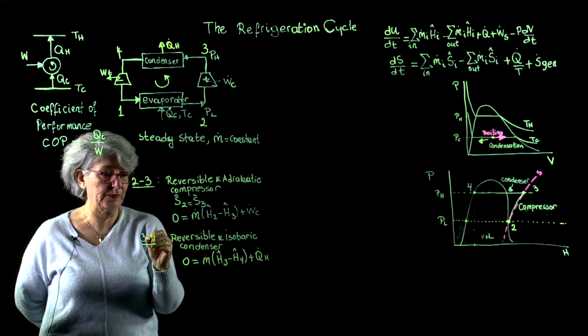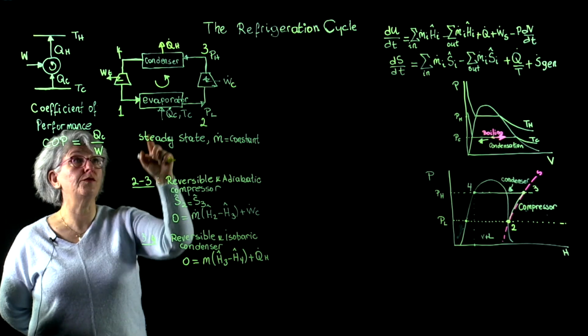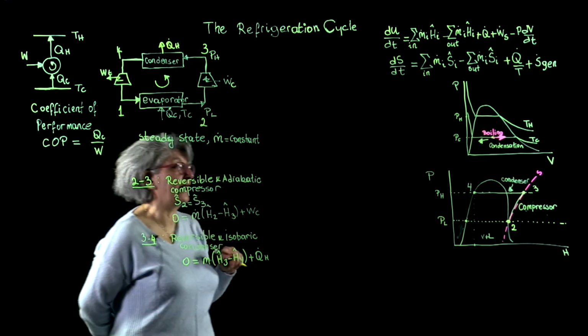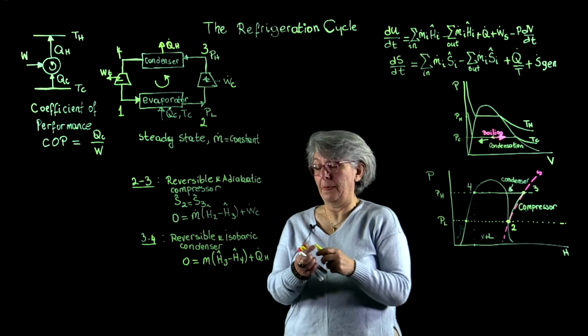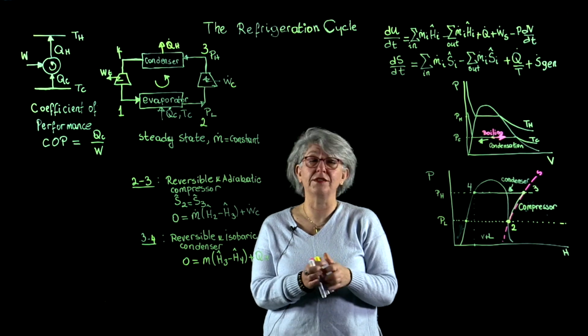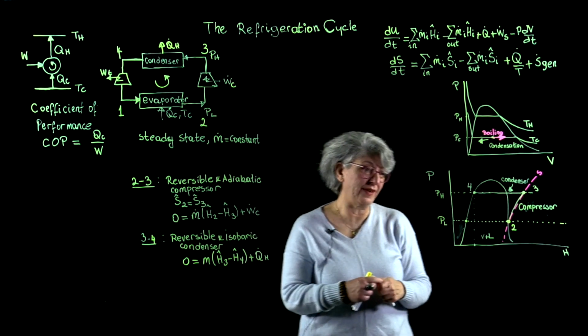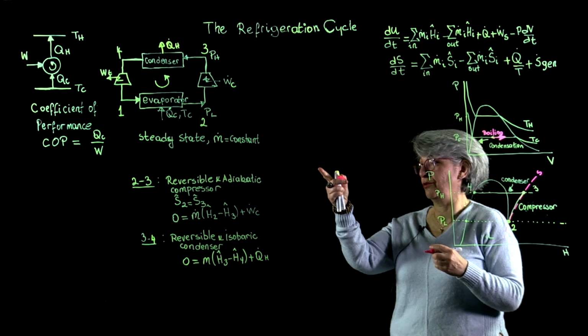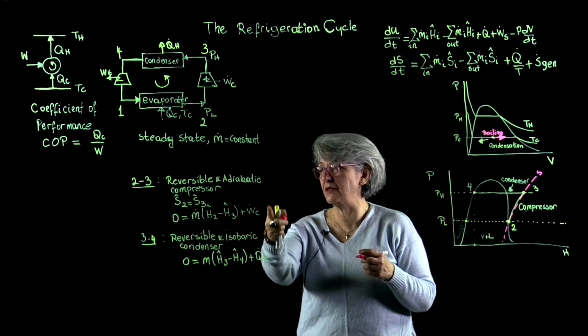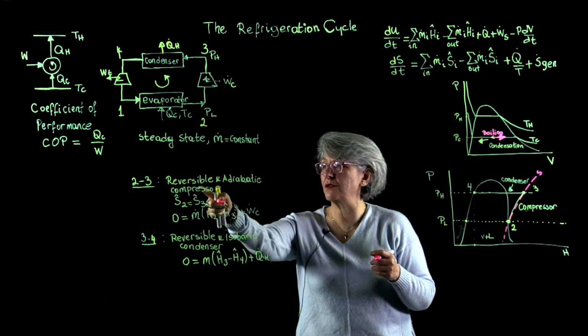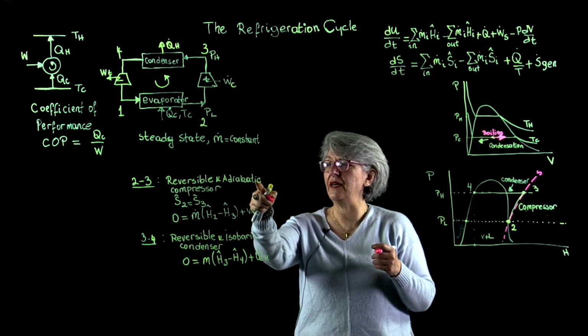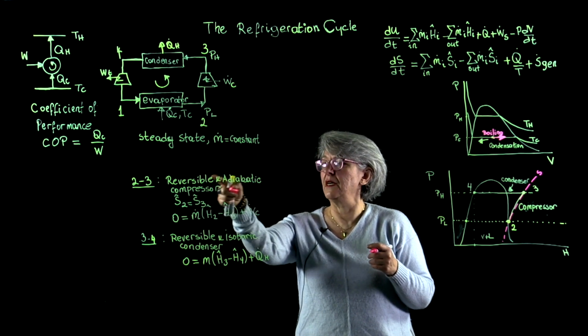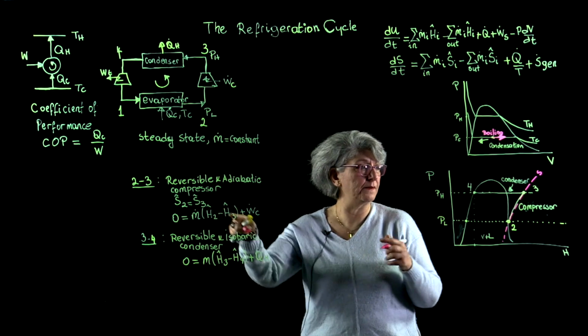Now I'm going to find out where my turbine is going to take me. Now this turbine is going to be subject to the same conditions as my compressor. It is going to operate reversibly and adiabatically. In other words, isentropically.